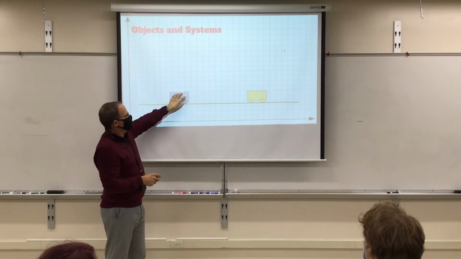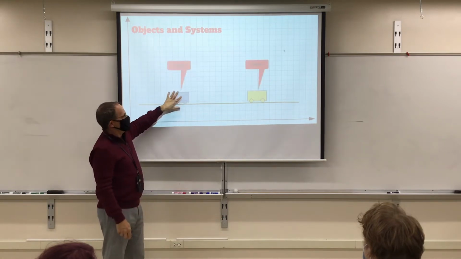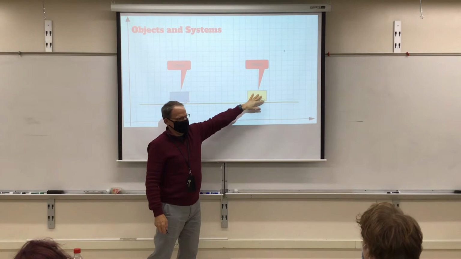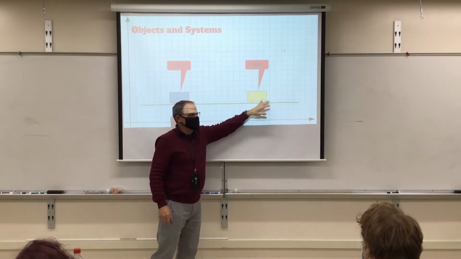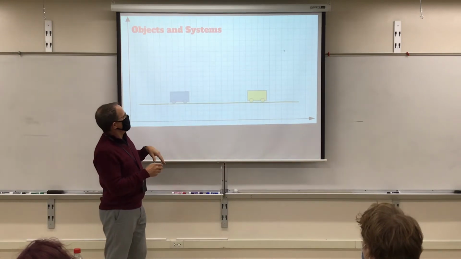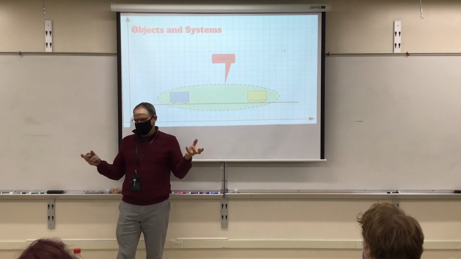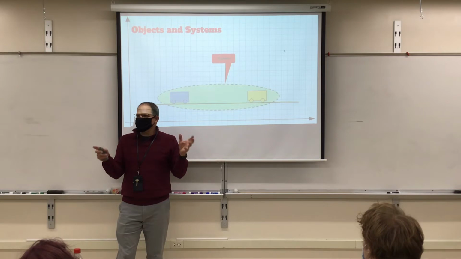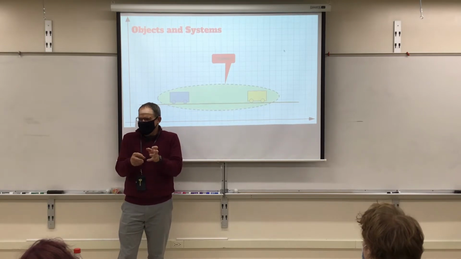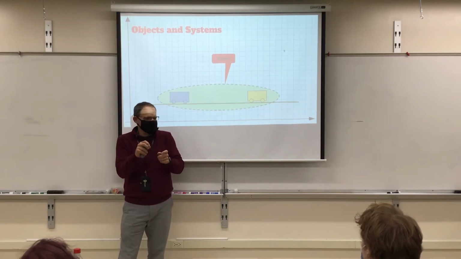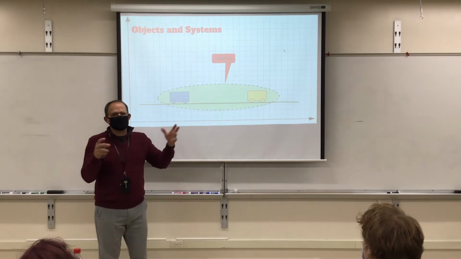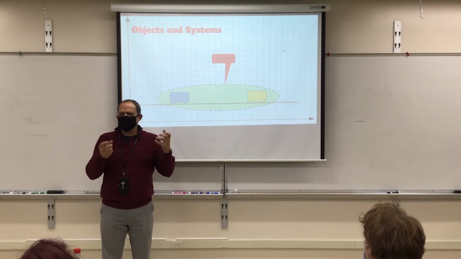I pretend like all the mass is at the middle, and I call that an object. But when I'm studying systems, we call the two of them together a system, so that's a collection of objects. All right, so that's just how we use the words. Object means one thing whose size is irrelevant. We can treat it as if it's a point. A system is a collection of objects that somehow interact.